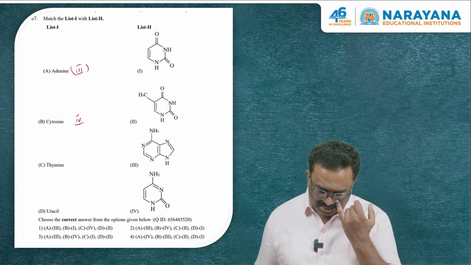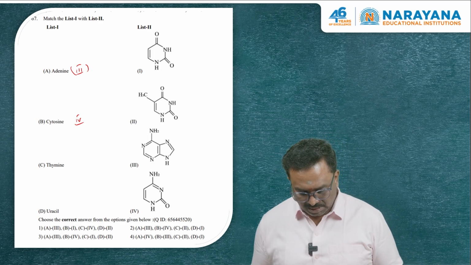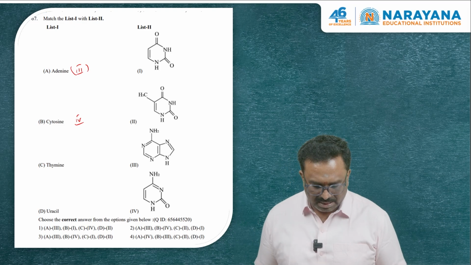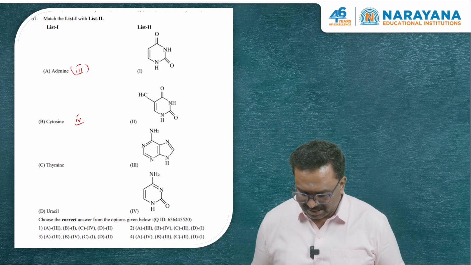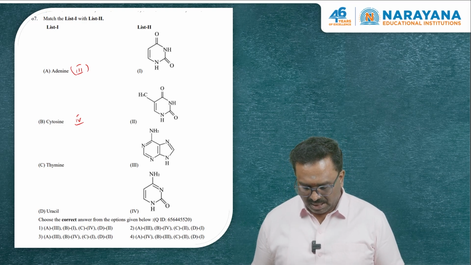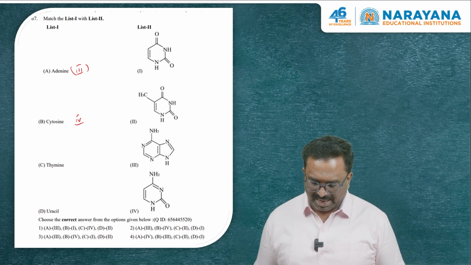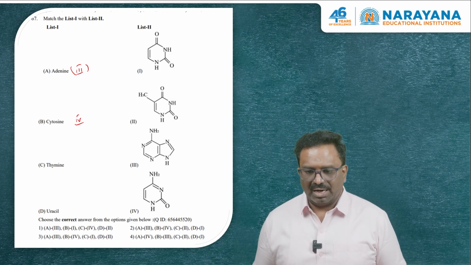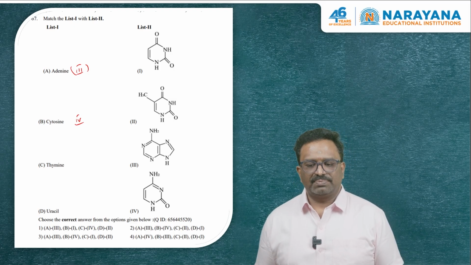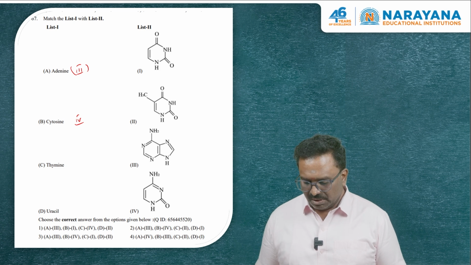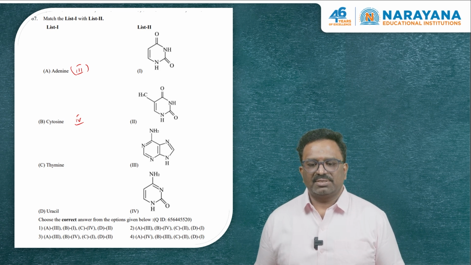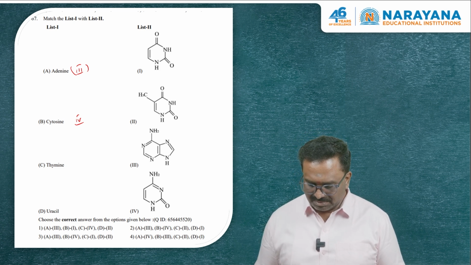Now you can see thymine and uracil. Thymine is present in DNA and uracil is present in RNA. Thymine has slightly more molecular weight compared to uracil. The molecular weight of thymine is 14 more than uracil.